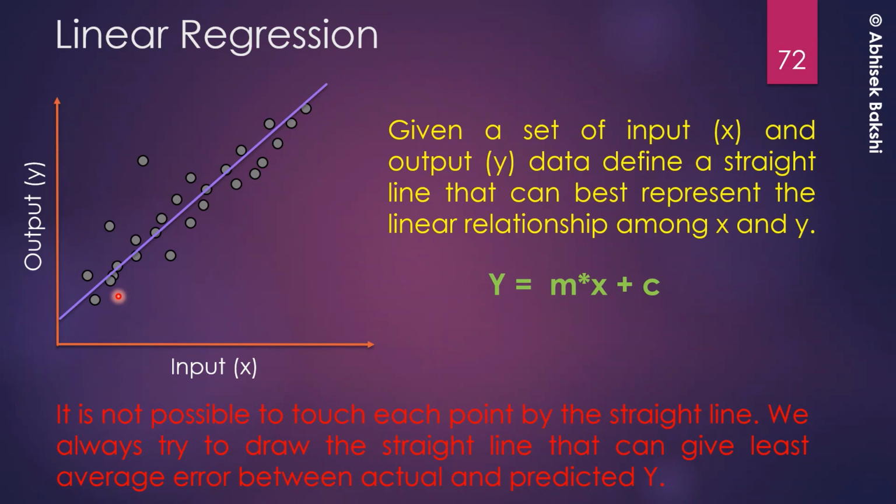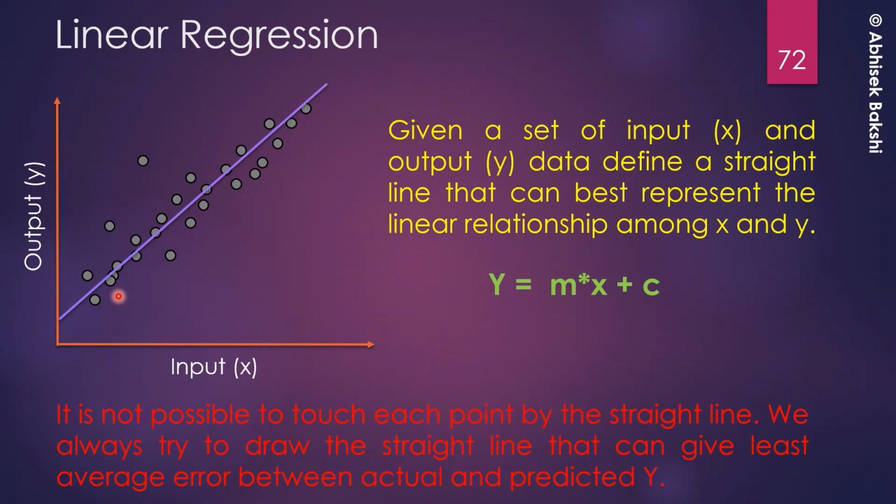Before we start linear regression, one thing should be clear to you: we can apply linear regression only when we are sure that there is some linear relationship between the variables x and y, where y is called the dependent variable and x is called the independent variable, because x is input.